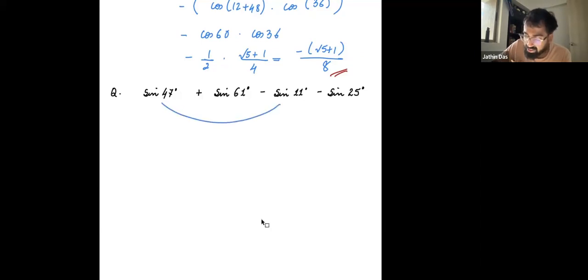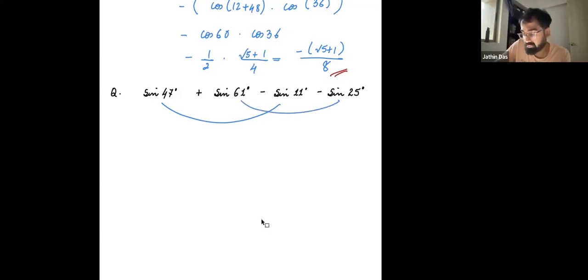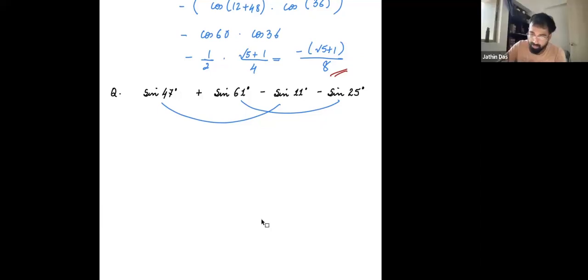But if you see, what is the difference here? 36, no? And the difference of this one? 36 only, no? Okay. You can do it like this also. I did it some other way. Doesn't matter. Finally, the answer has to come.